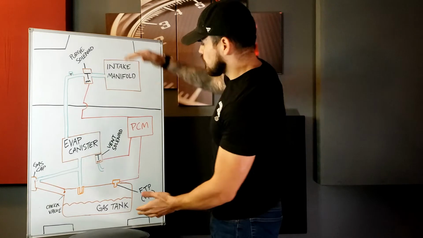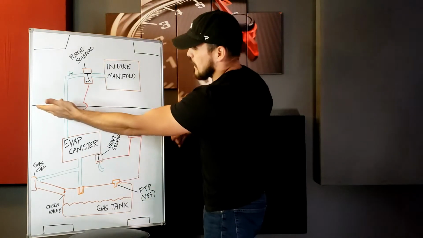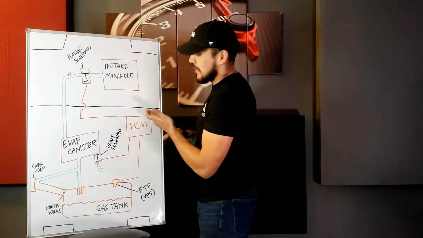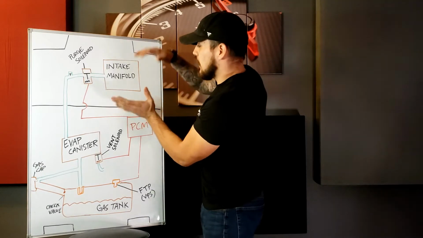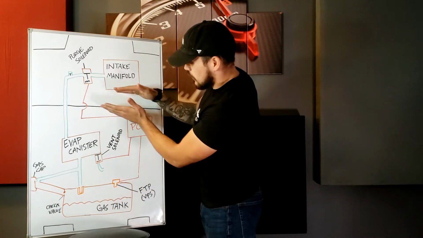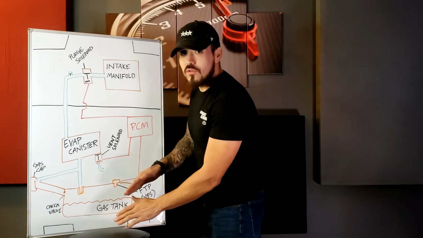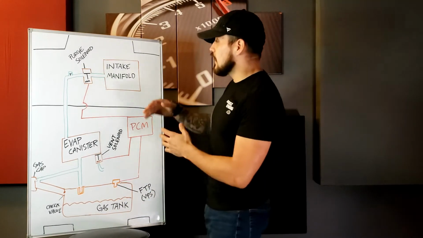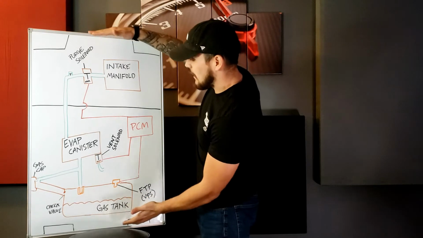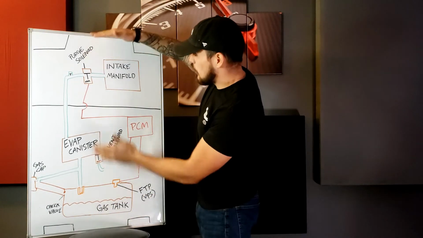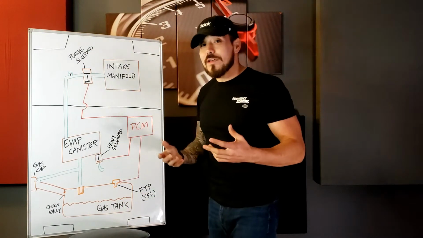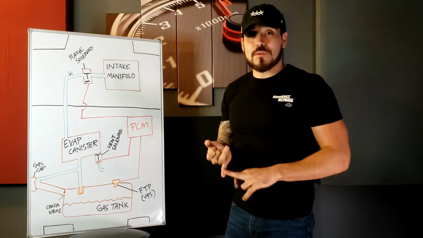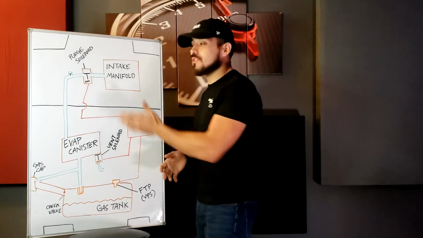Picture the vehicle in this way, and this black line here is going to indicate the separation from the engine bay from the firewall side to the rear of the vehicle. Okay, I chose that way because in most vehicles today, the EVAP components are located in this same layout within the vehicle. Of course, not in every one, it depends on your make and model, but generally in most systems, they're located as so.